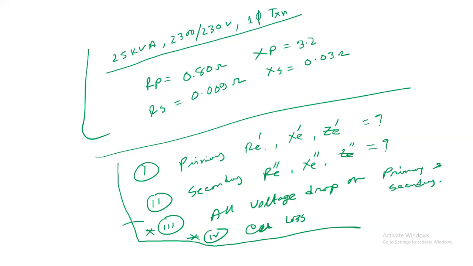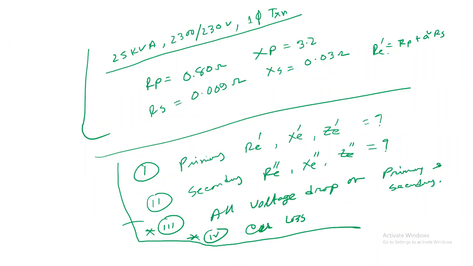Just use the formula. RE single prime is equal to RP plus A square RS. So this is the RP and this is the RS.